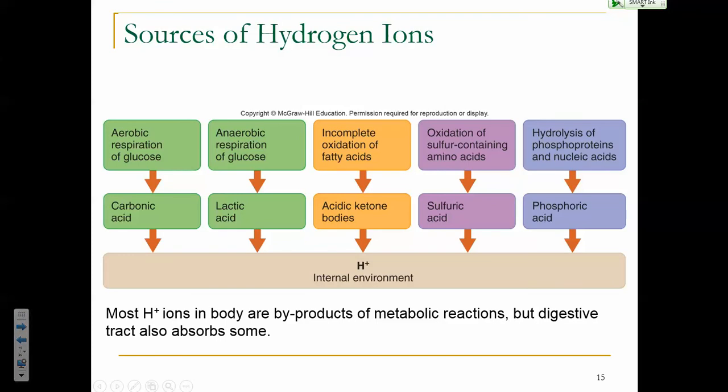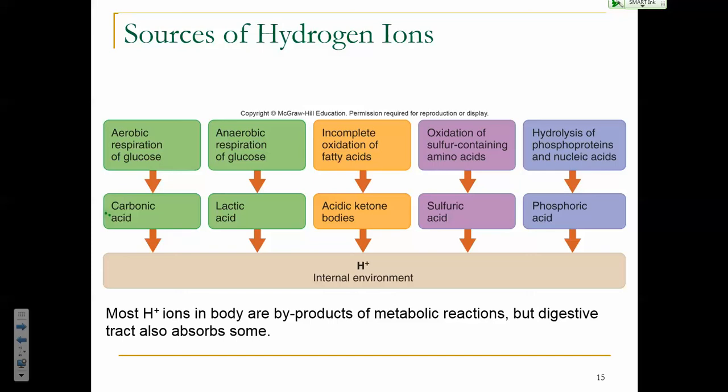These are just some sources of hydrogen ions that can drastically affect your pH. Every time you're breathing, whenever you undergo cellular respiration, you produce CO2, don't you? And when CO2 gets in your blood, it combines with hydrogen to form carbonic acid. It's a weak acid, but it's still an acid. It's going to change the pH, isn't it?